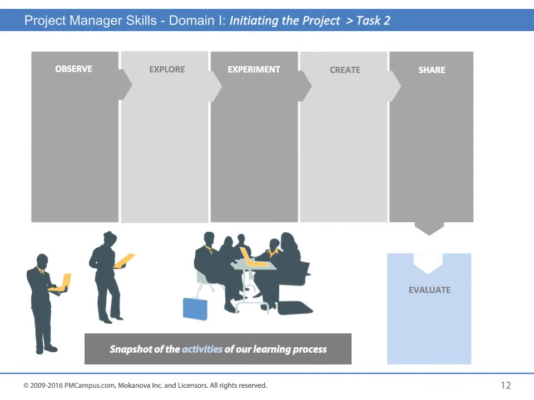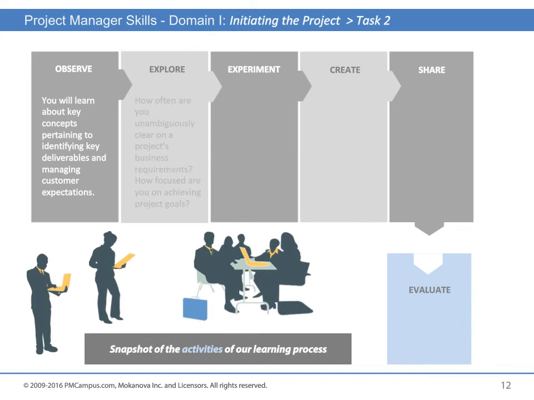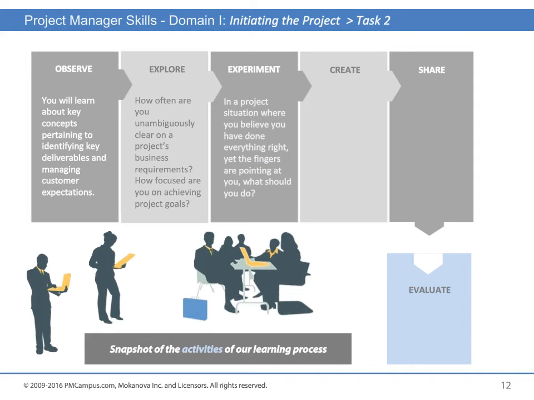Here we present a snapshot of the activities of our learning process. Observe. You will learn about key concepts pertaining to identifying key deliverables and managing customer expectations. Explore. How often are you unambiguously clear on a project's business requirements? How focused are you on achieving project goals? Experiment.